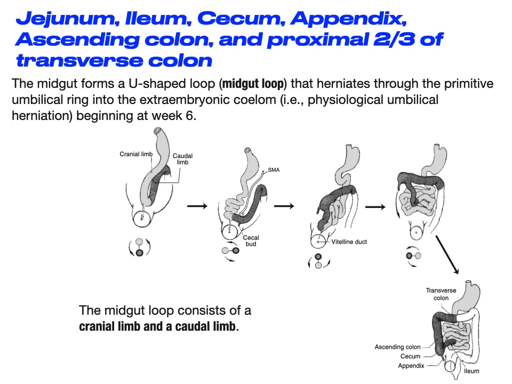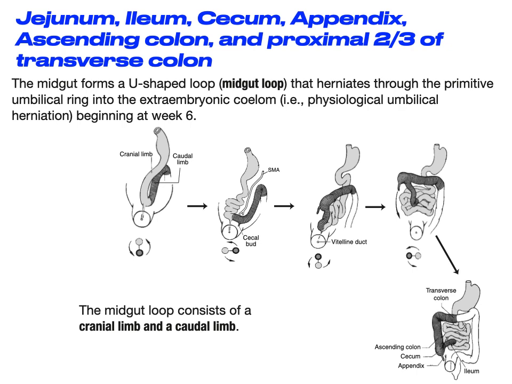Now, if you take a more three-dimensional view of the midgut, we can see it lengthens a lot over a short period of time. And the abdominal cavity of the embryo at this stage is too small to hold all this growth. So the intestine in this stage forms a loop that herniates through the primitive umbilical ring around week number 6.